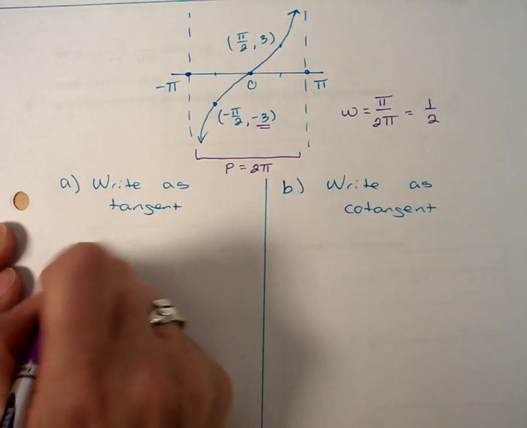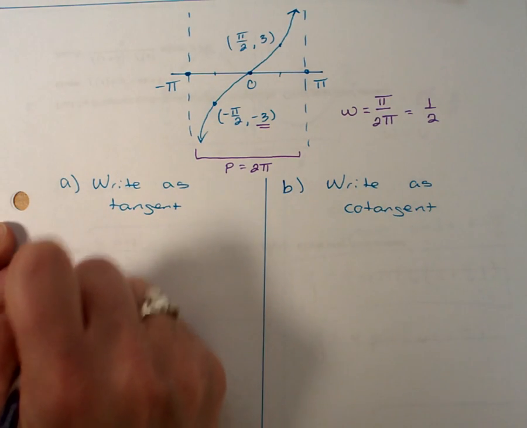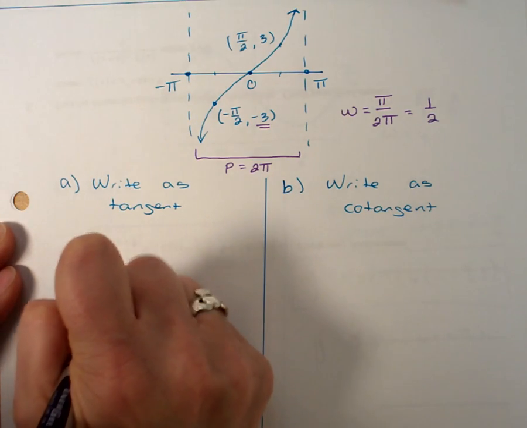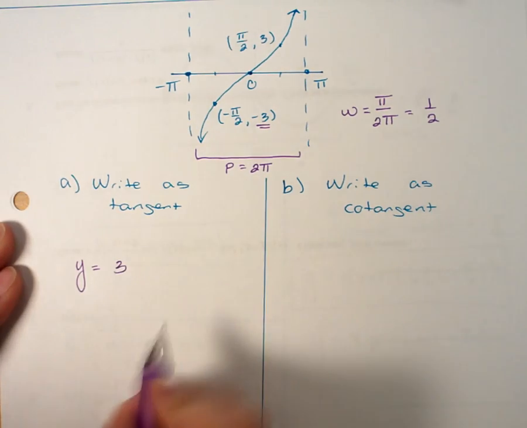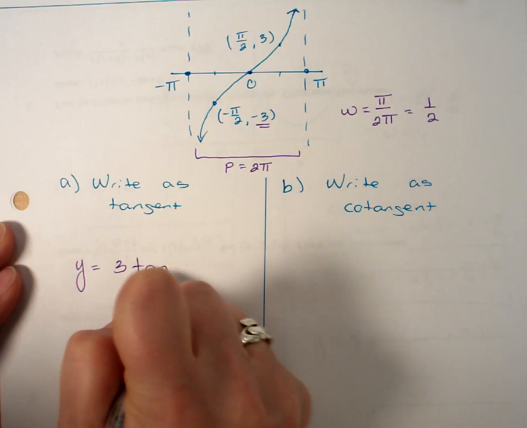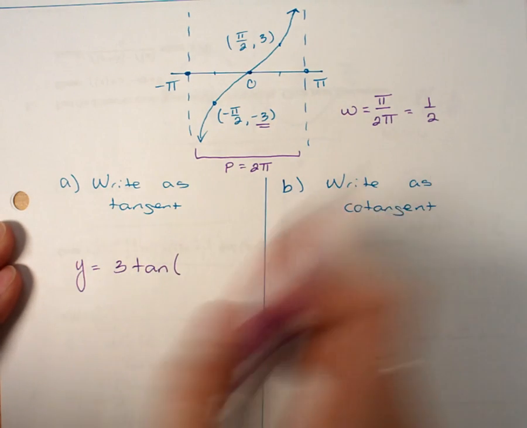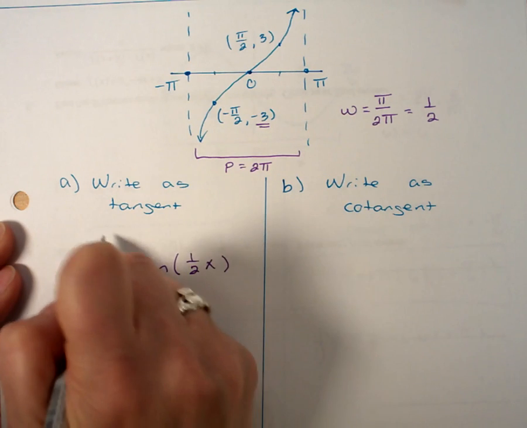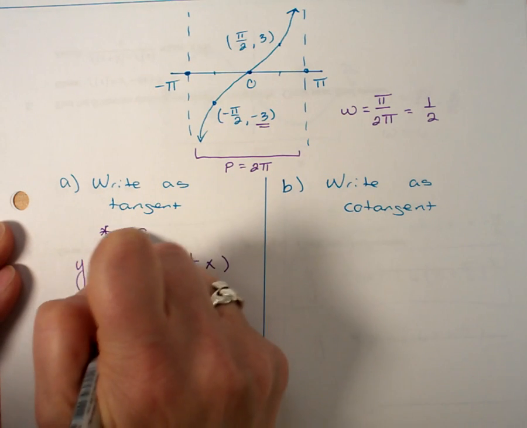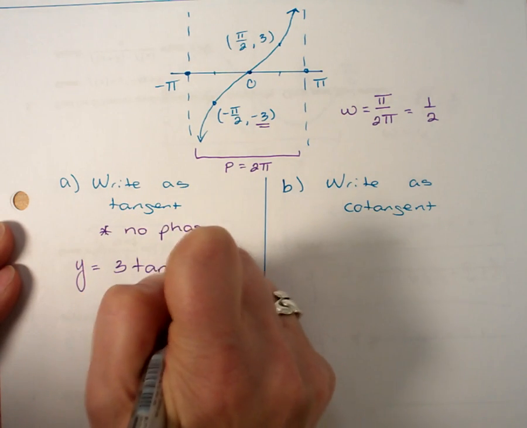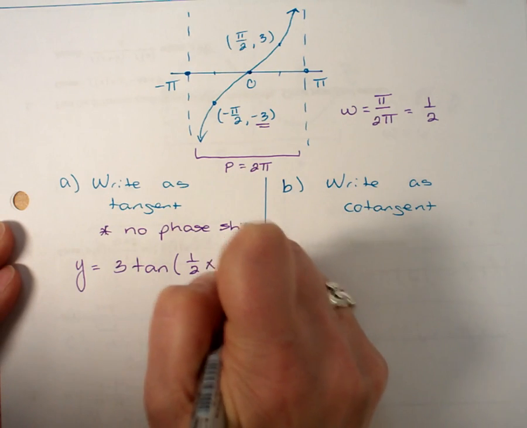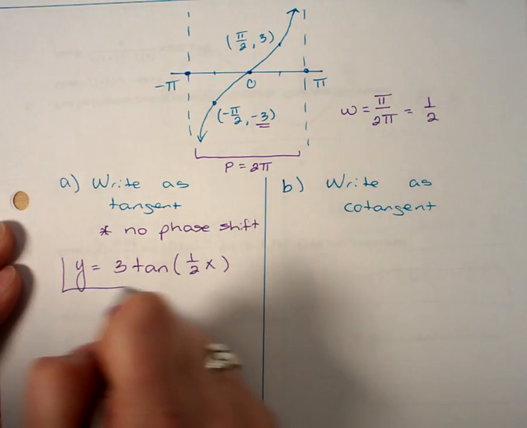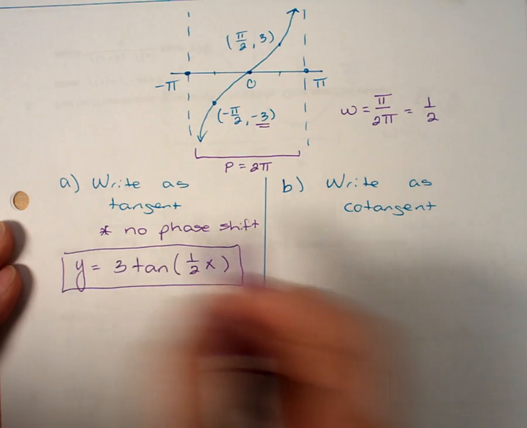That tells me that when I go ahead and write my equation, I'm going to have a 3 as my coefficient, my tangent, my 1/2, and I can simply write the x because, again, there was no phase shift. Always thinking how it compares to the parent. So this one is pretty straightforward.